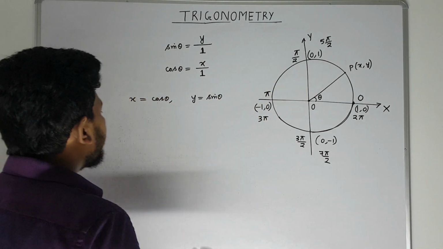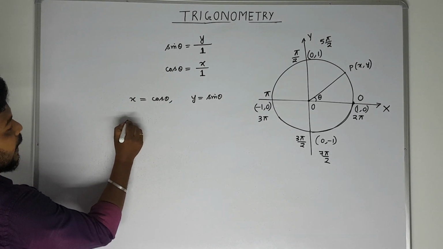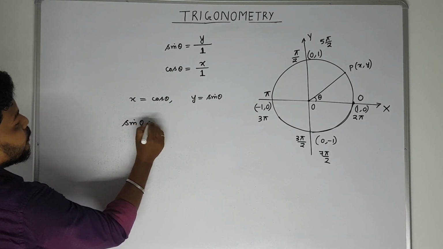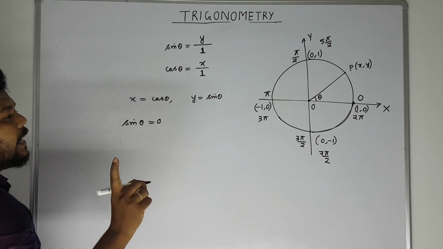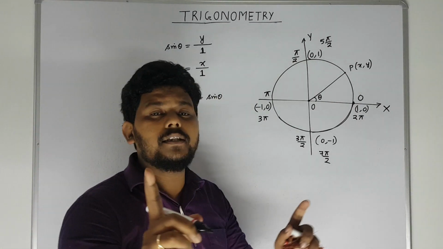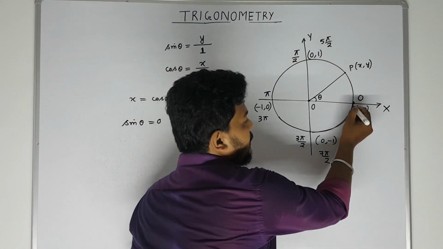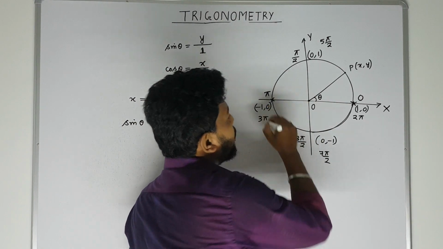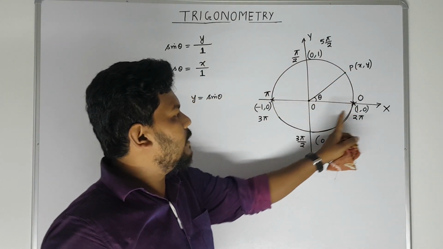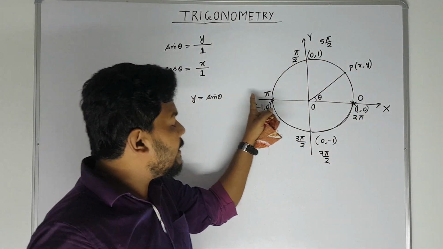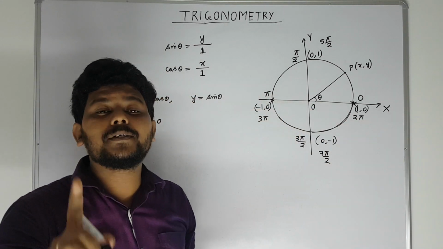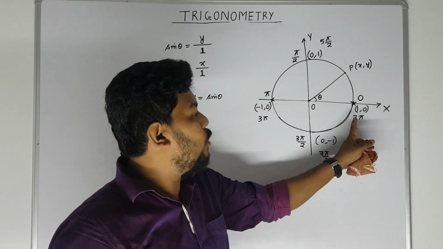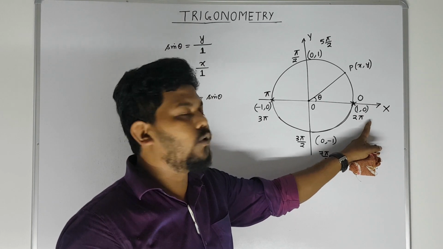Okay, now sine theta is 0. The value of sine theta is 0 at these points. When the point P reaches these two spots, the value of sine will be 0. Here cos 0 is equal to 1, sine 0 is 0.